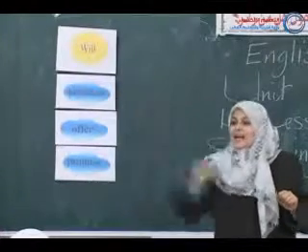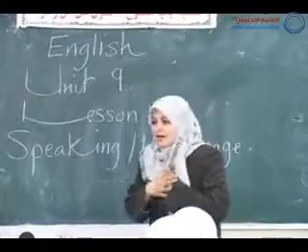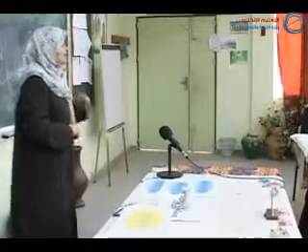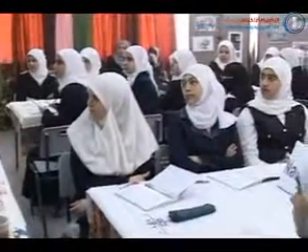Promise here is a noun. What does it mean, a promise? A promise means that I have the intention to do something by my own will. Always you say to your mother, Mom, I promise I will get high marks. Mom, I promise I will help you in washing up dishes.